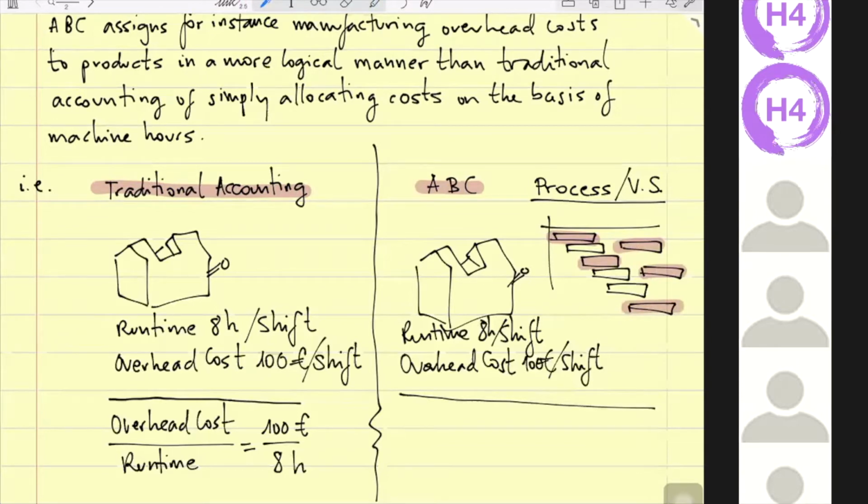So we not only have the overhead cost, which is the sum of the logistic cost plus the transport cost plus handling cost plus manufacturing cost plus and so on.